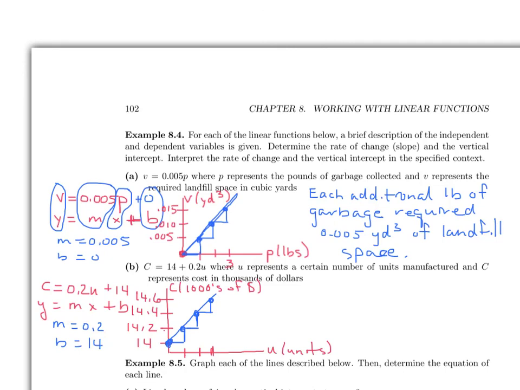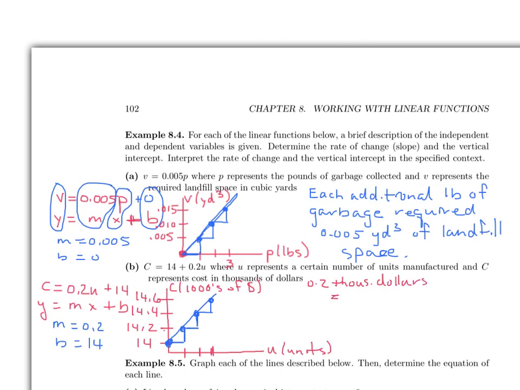Our slope tells us that every time we go 1 unit to the right, we climb by 0.2. Go 1 unit to the right again, climb by 0.2. So every time we produce an extra unit of our item, the cost grows by 0.2 thousand dollars. Well, what is that?